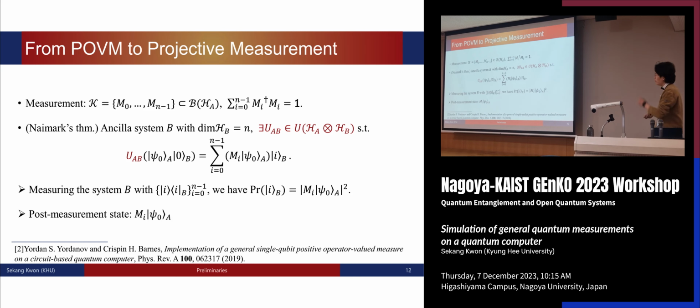With this state, we measure the system B with this projective measurement. We have a probability distribution like this, and the right hand side is the same as the original probability distribution given by this measurement.